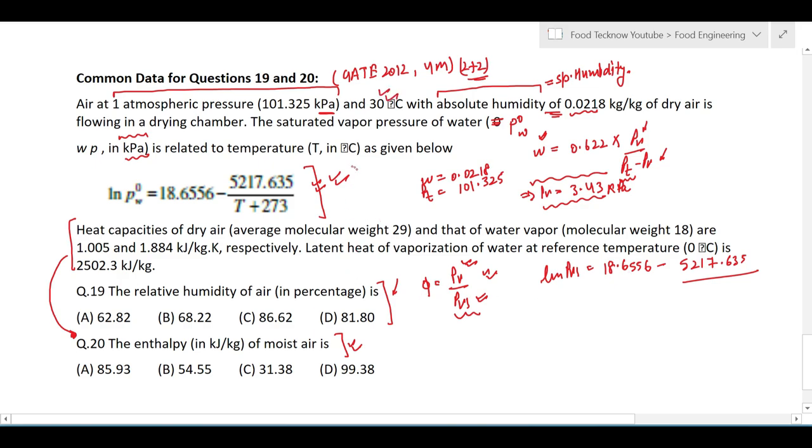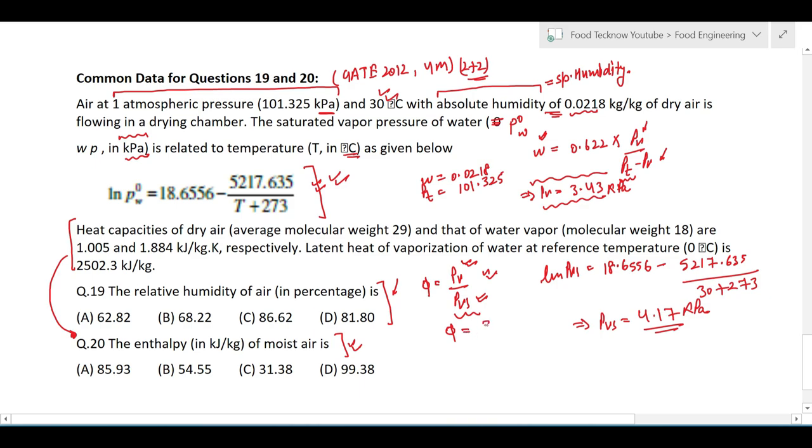T is in degree Celsius, as it is mentioned here. So 30 plus 273. So finally we get the value of PVS equal to 4.17 kilopascal. Okay, so we can calculate this value phi.